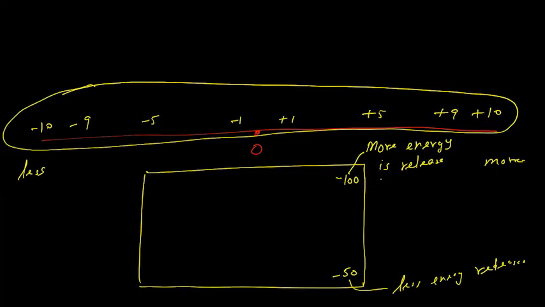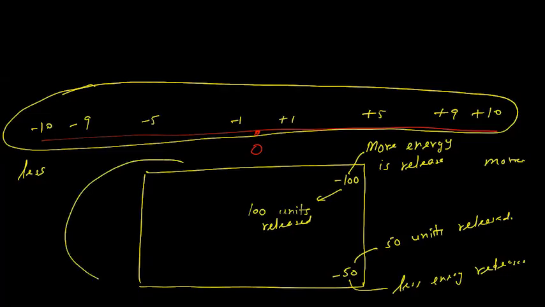Negative is just for direction. You will consider -100 as 100 units of energy released, and -50 as 50 units released. Minus means released.